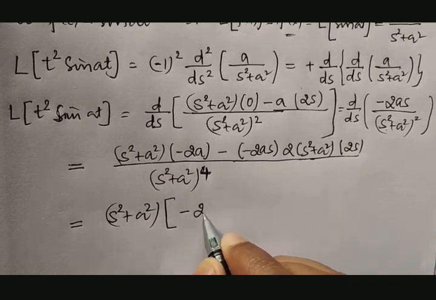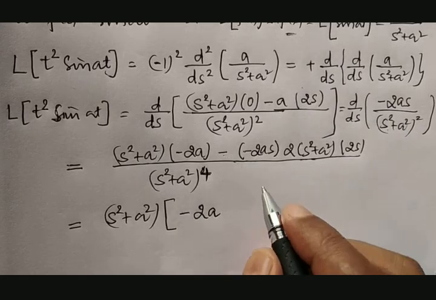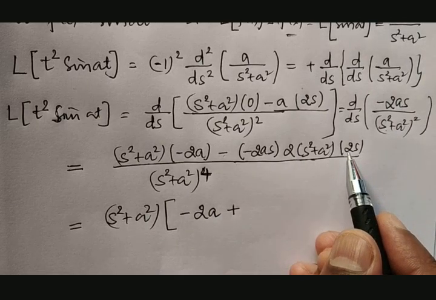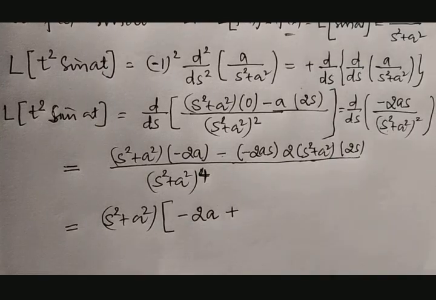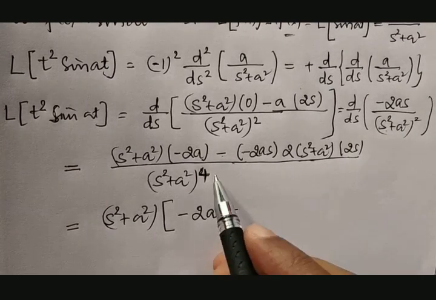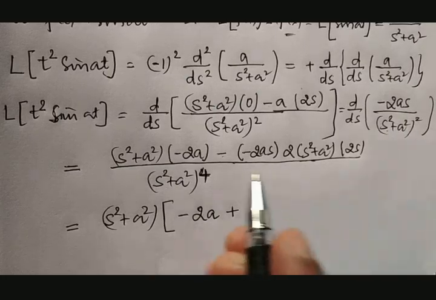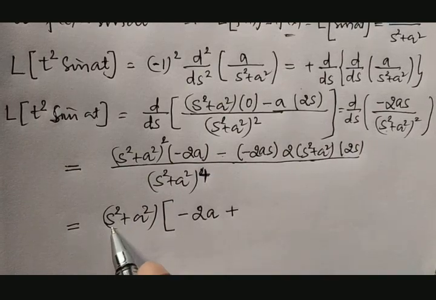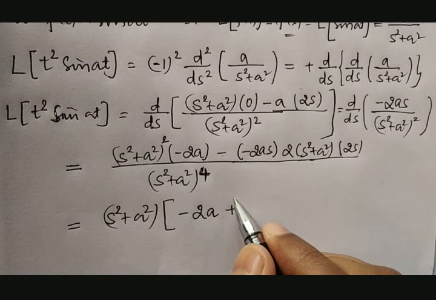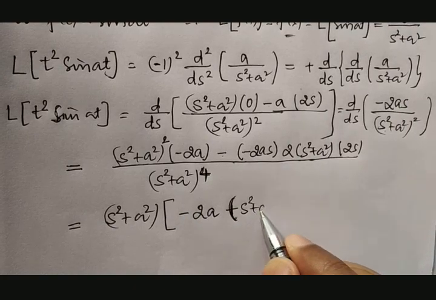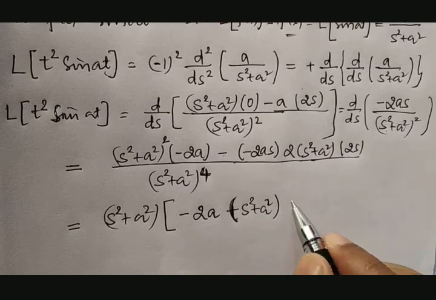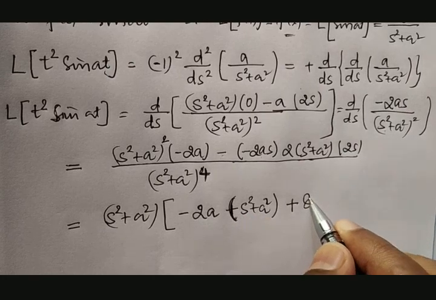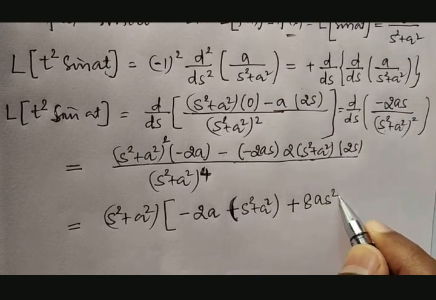Inside the bracket it will be minus 2a into s square plus a square, one term remaining as it is, then minus of minus becomes plus, and 2 into 2 into 2 will be 8, then as square.